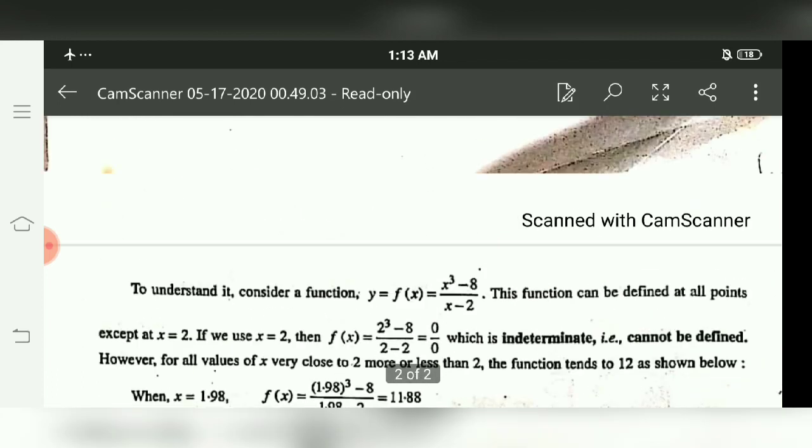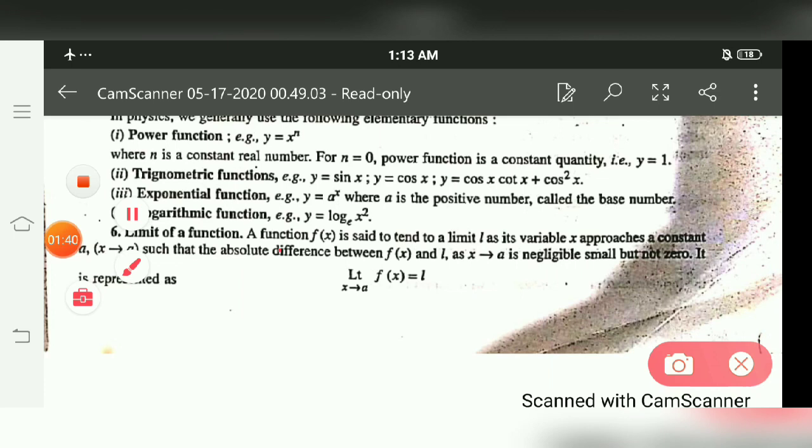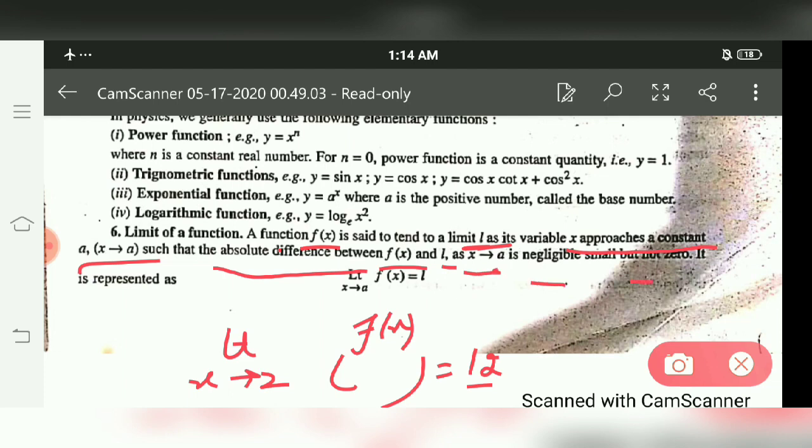So let me define the limit of a function again. A function f(x) is said to tend to a limit L, so the previous function is approaching a limit L. Here L is 12 from the previous example. This holds as the variable x approaches the constant value 2, such that the absolute difference between f(x) and L is negligible but not 0.